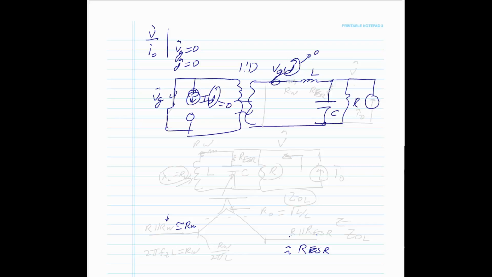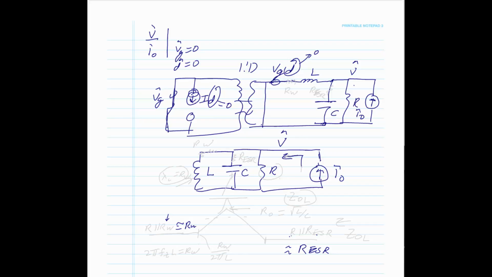And then we're going to put this little injection back, which is the IO hat, that produces the V. So as we see, if this is shorted, it basically shorts this, and this is a short. So you wind up with what? An LRC circuit. You wind up with an L, C, and R. And looking back into here, we have an impedance. This is going to be your current source IO hat.